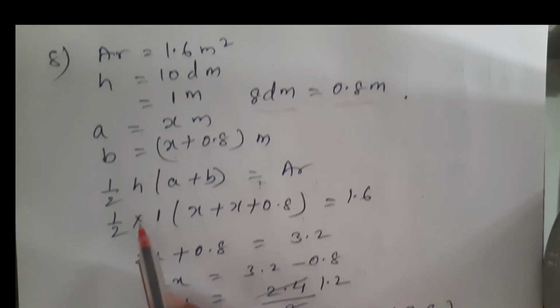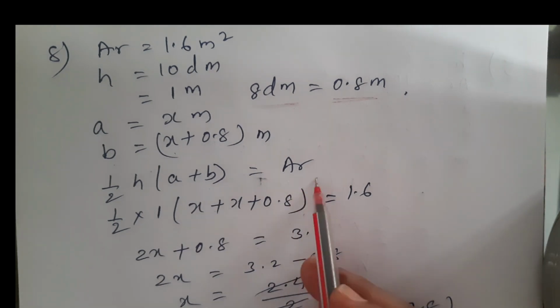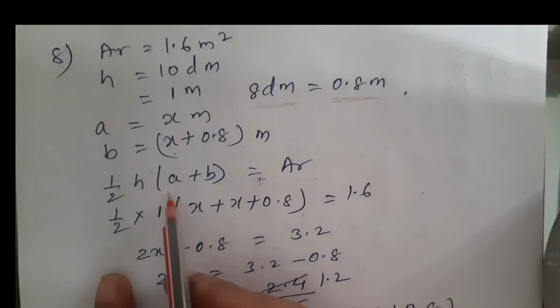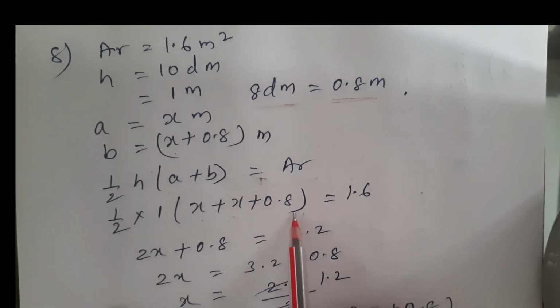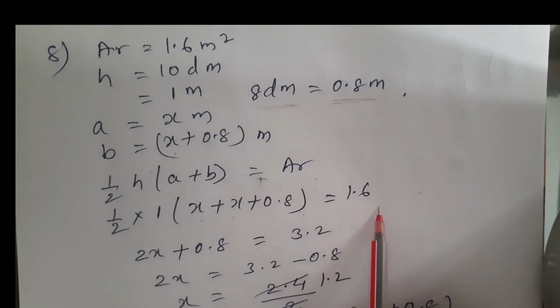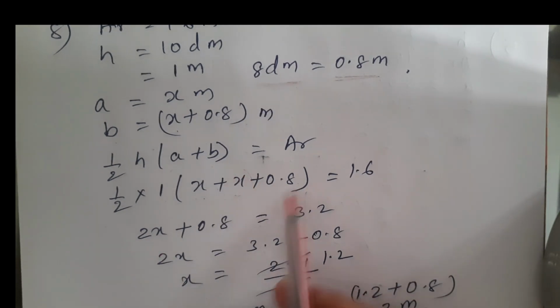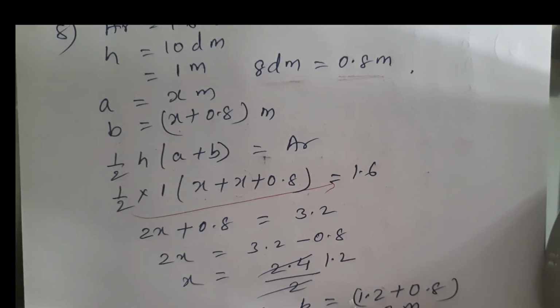Now apply the formula for the area of a trapezium, which is half h into (a plus b) equals area. Height is 1. One parallel side is x, the other parallel side is x plus 0.8, equal to 1.6. So adding x and x, which is 2x plus 0.8, we'll do cross multiplication, multiplying 2 with 1.6.